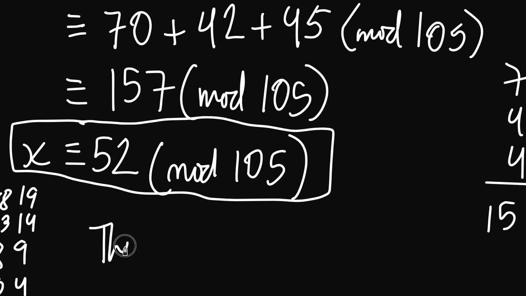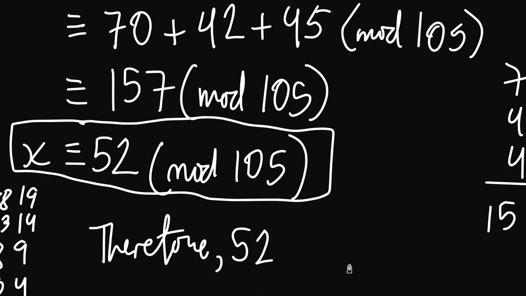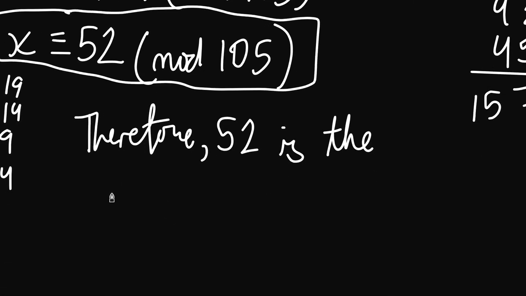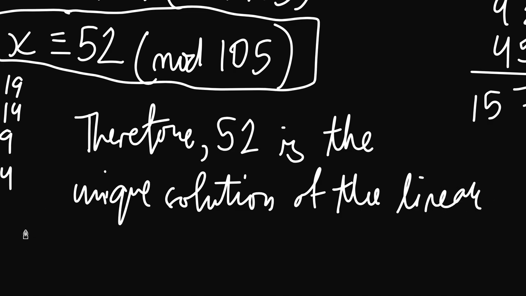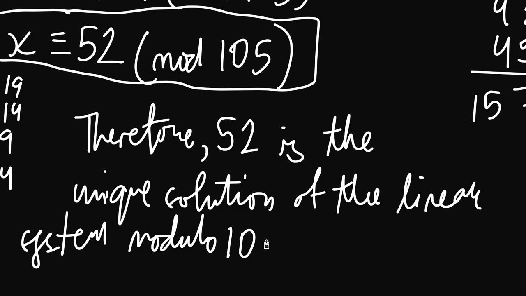So therefore we say that 52 is the unique solution of the linear system modulo 105. So thus the general solution.